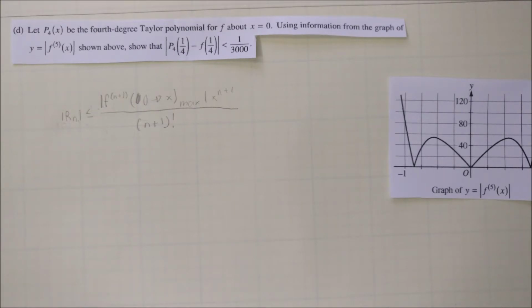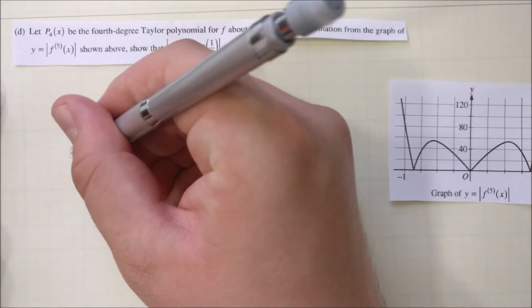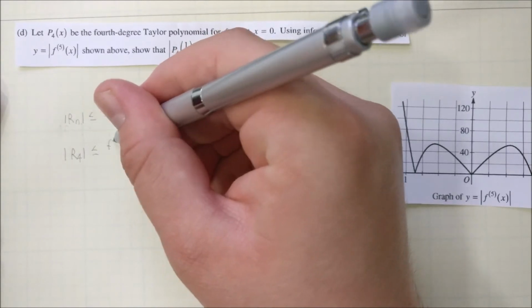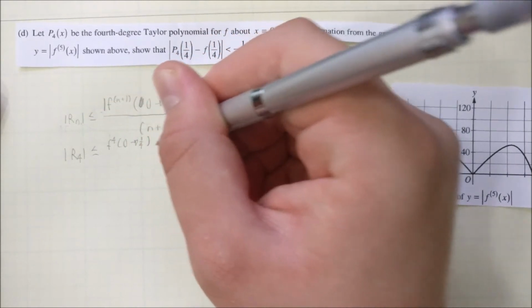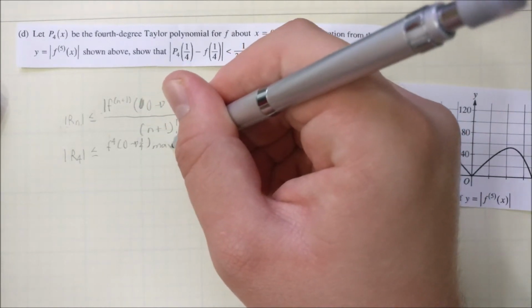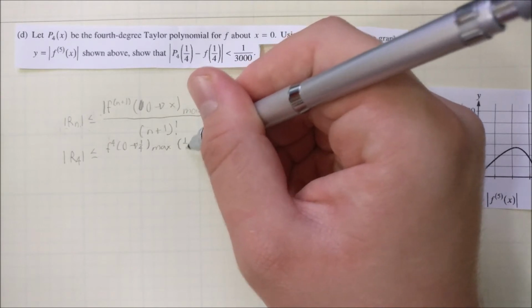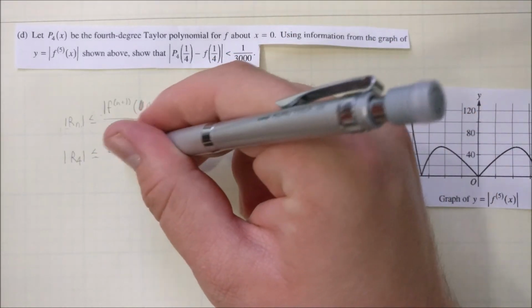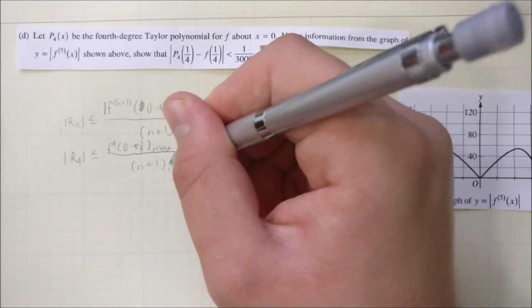So the maximum of the fifth derivative, so in this case, n equals 4, so R fourth is less than or equal to f fifth from 0 to 1/4 max, and then times 1/4 to the 5th over n plus 1 factorial.